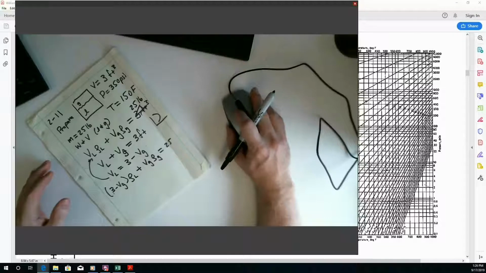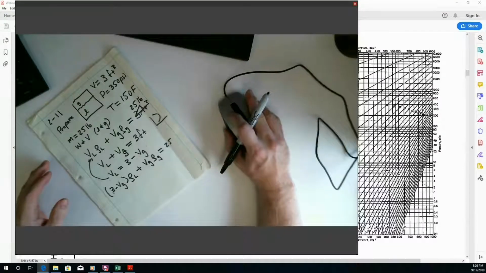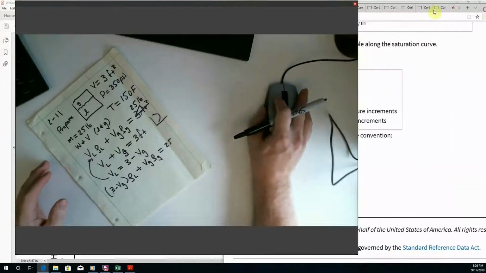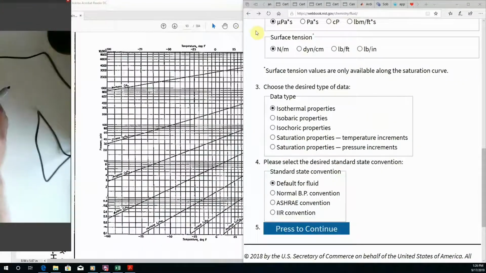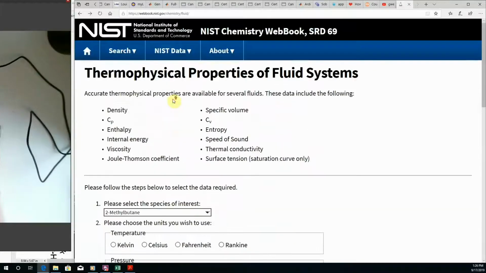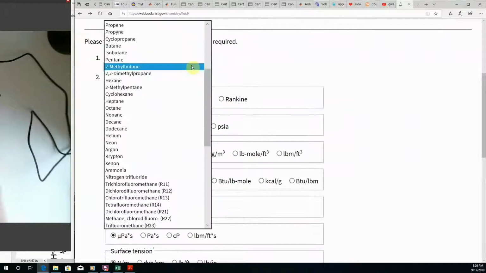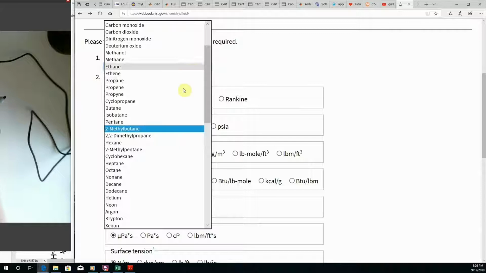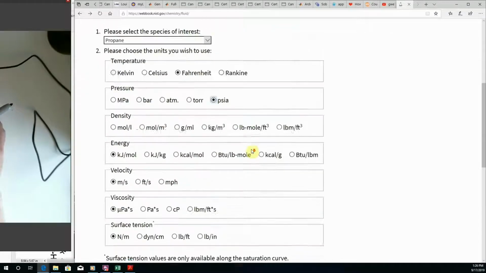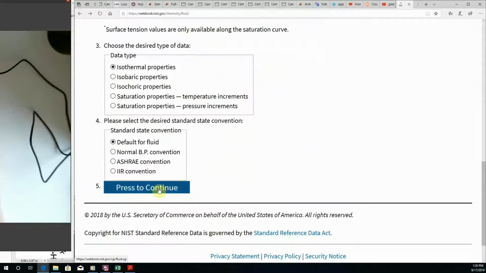So I'm going to find it in my NIST properties. Let's bring NIST over here. So here's NIST properties, and I've got to pick. We're looking at propane this time, in Fahrenheit and psi. Okay, isothermal properties.